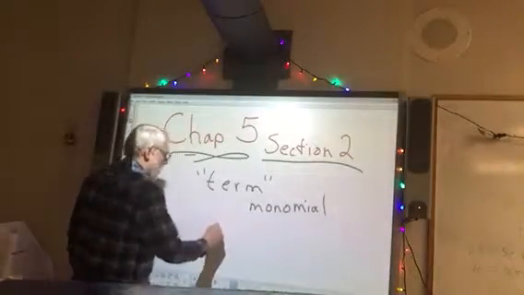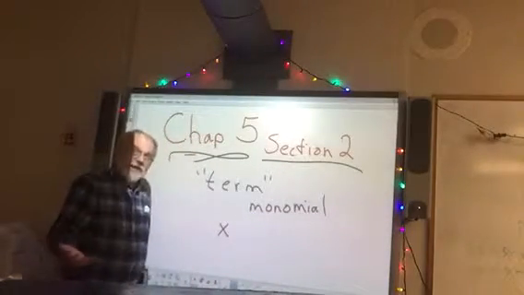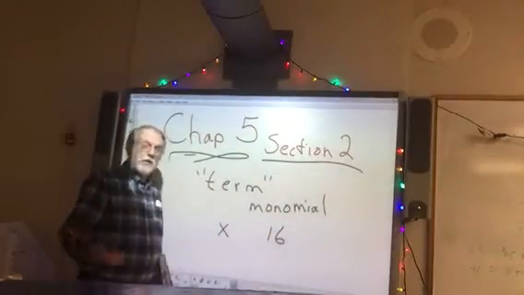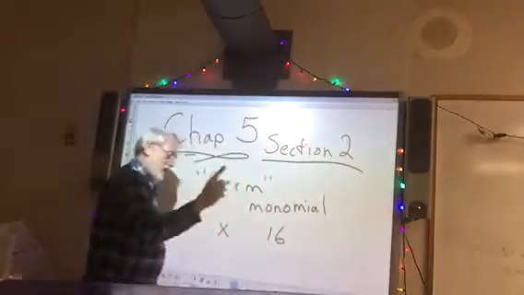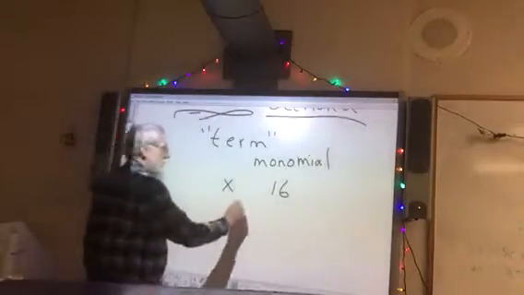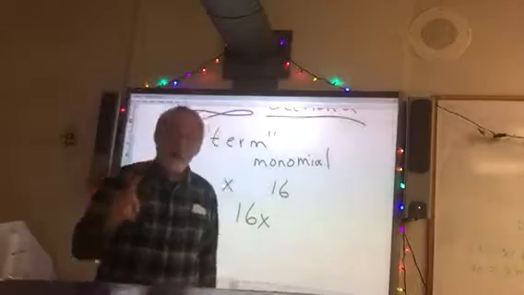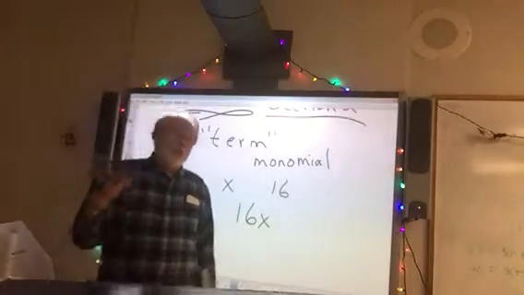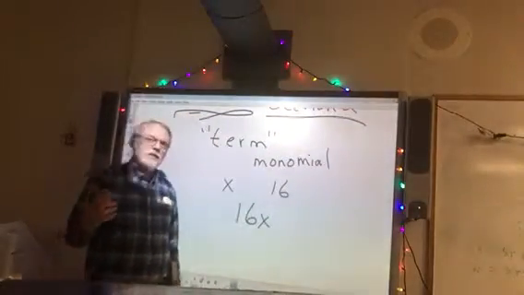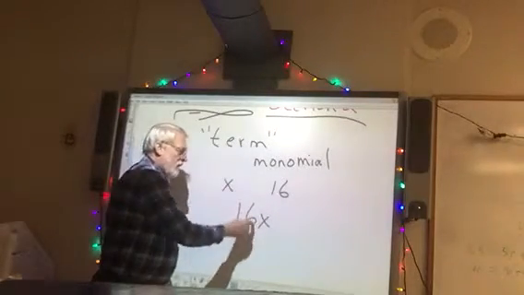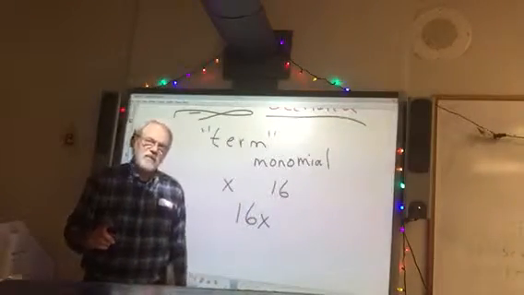So x, that's a monomial. 16, that's a monomial. It gets really weird because 16x is also considered a monomial. So in a way, what can you say about monomials? They're either something by itself or something multiplied by something.